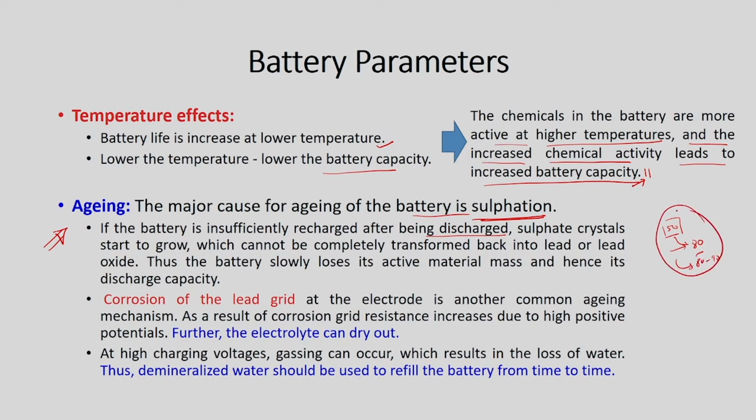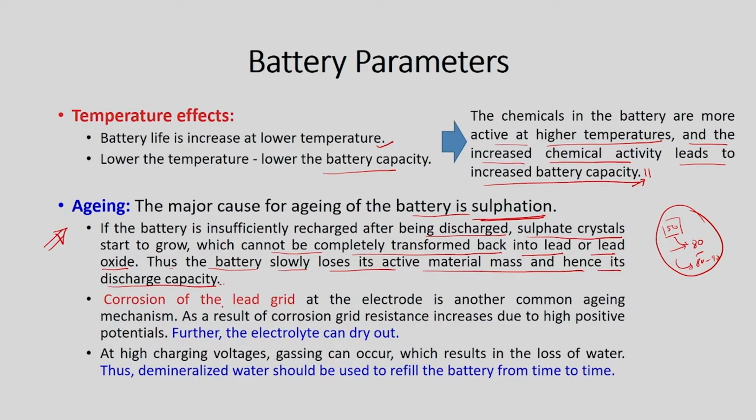That way we are reducing the efficiency because of sulfate crystal generation. Sulfate crystals start to grow, which cannot be completely transformed back into lead or lead oxide. Thus the battery slowly loses its active material mass and hence its discharge capacity.